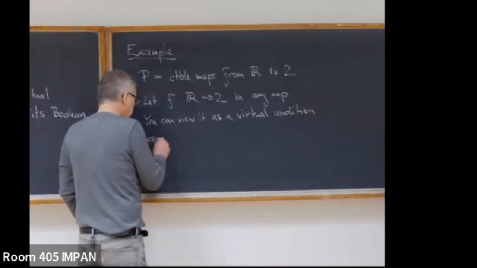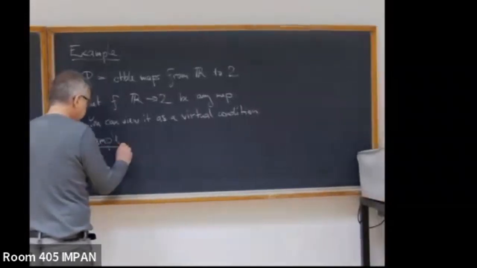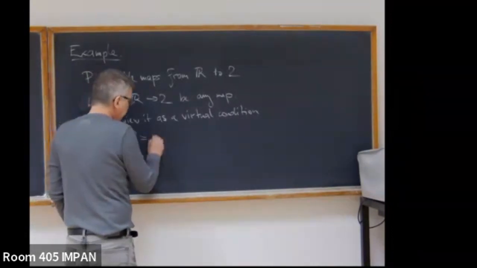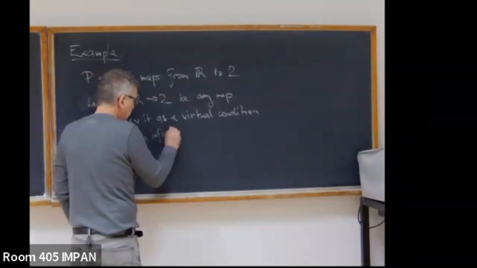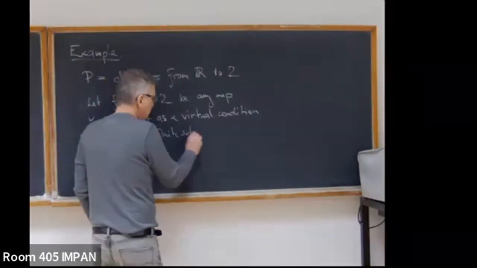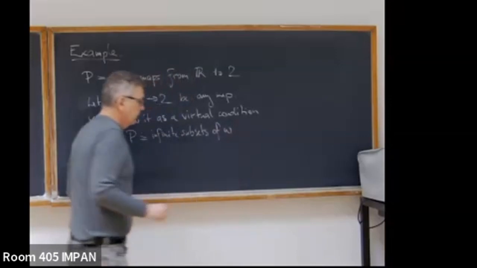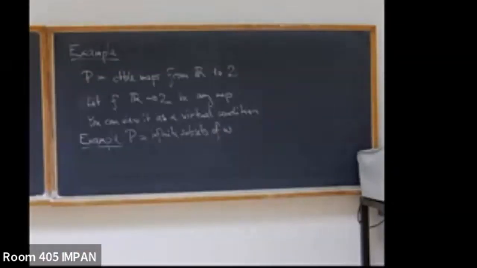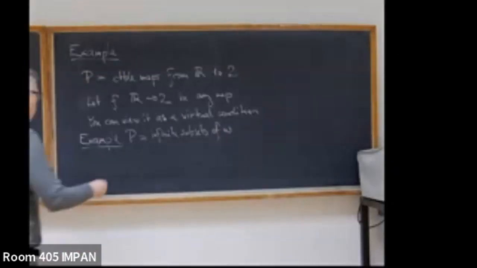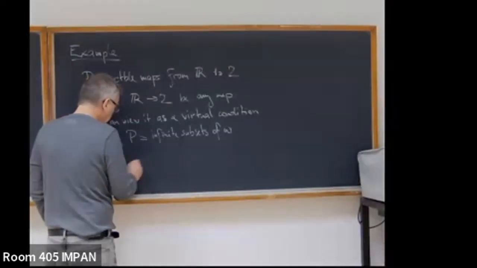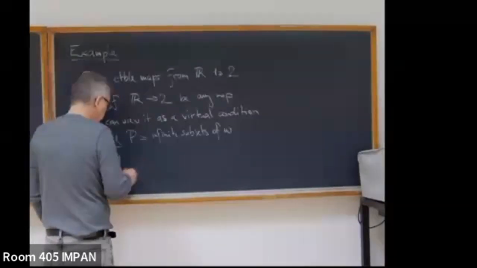Another example would be: let C be equal to the infinite subsets of omega, ordered by inclusion, that we had last time, and let U be a non-principal ultrafilter on omega.